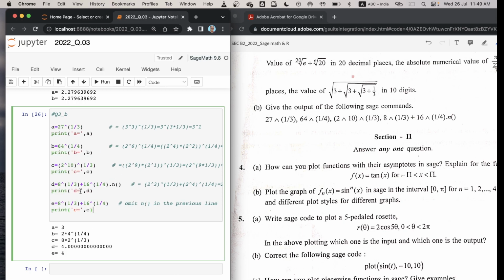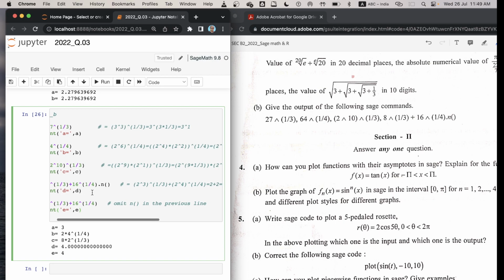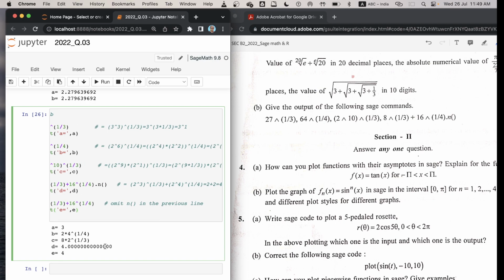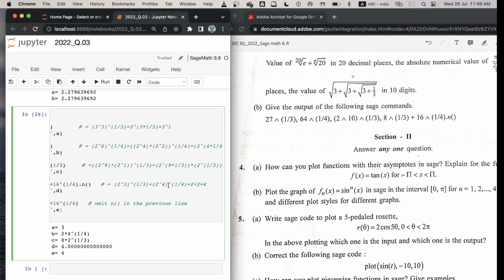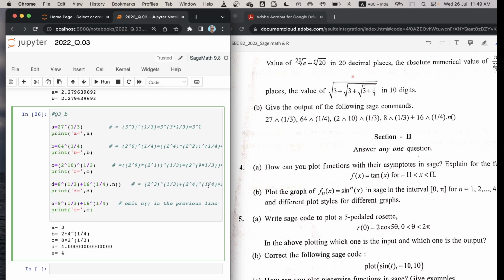And question D, the fourth part of this question: 8 to the power 1 by 3 plus 16 to the power 1 by 4, dot numerical approximation function. Here the output of D is 4.0000. The explanation: 8 means 2 cube, whole to the power 1 by 3, plus 2 to the power 4, to the power 1 by 4, that is equal to 2 plus 2, that is equal to 4.